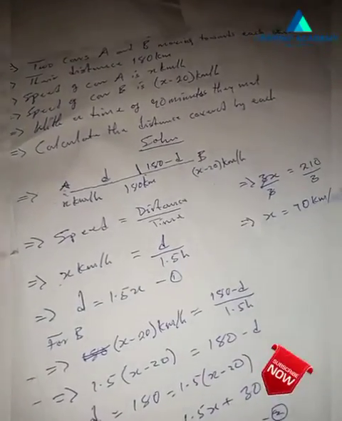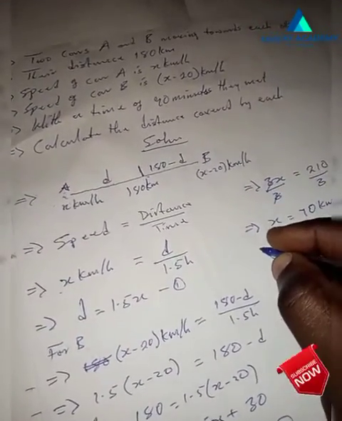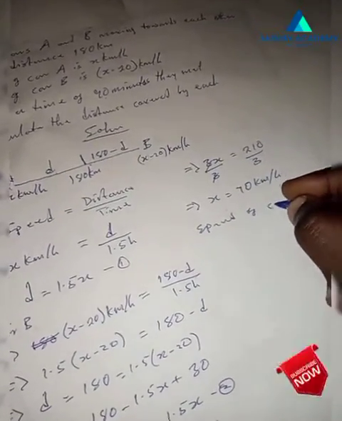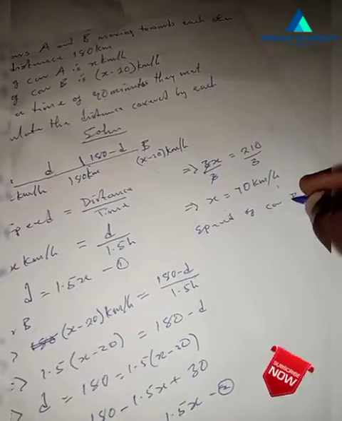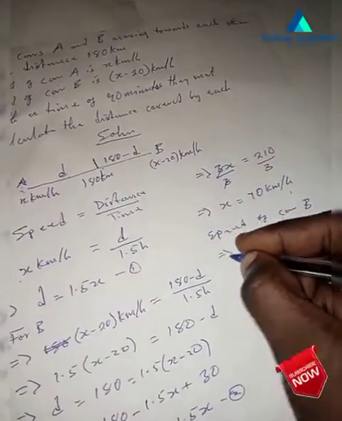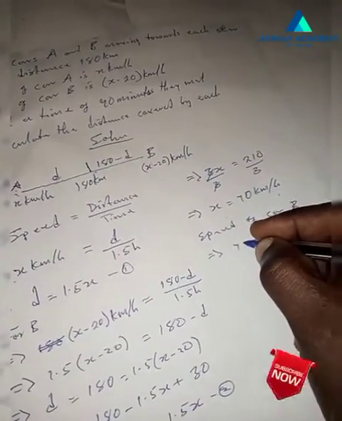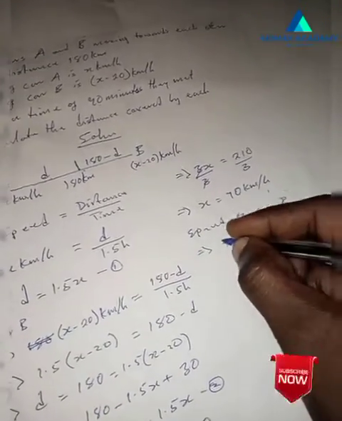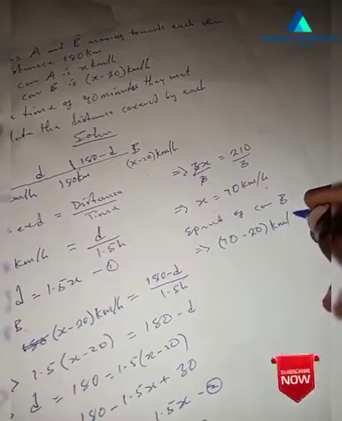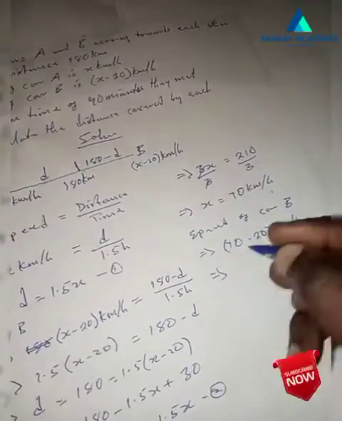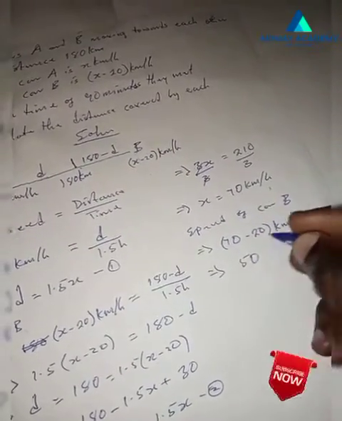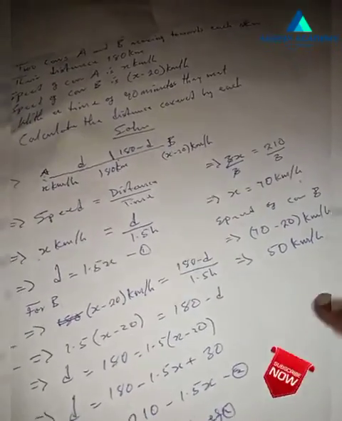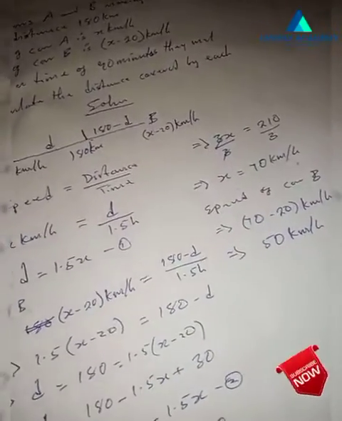So the speed of car B is going to be 70 minus 20 kilometers per hour. And this is going to give us 50 kilometers per hour.